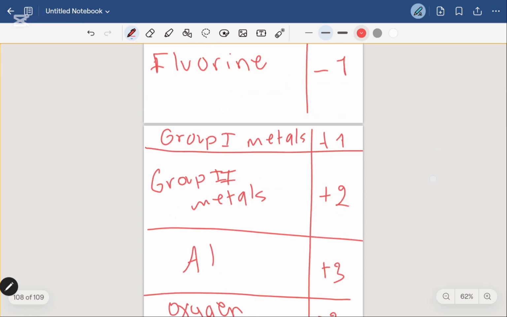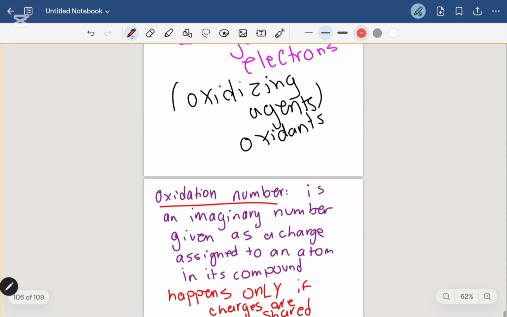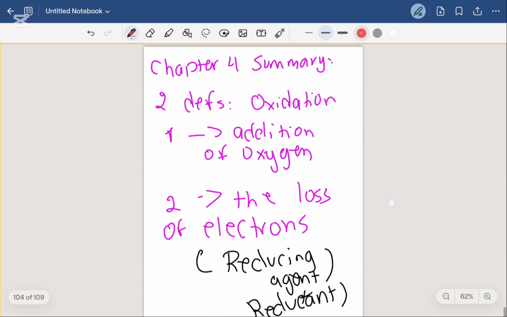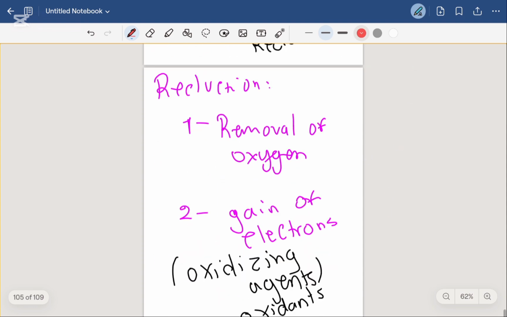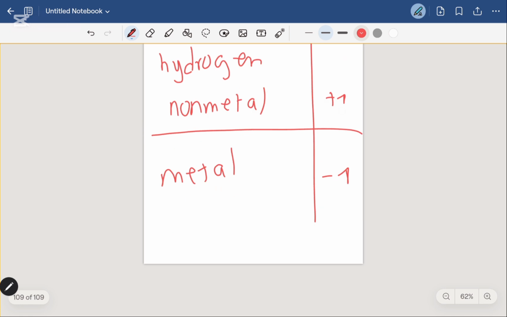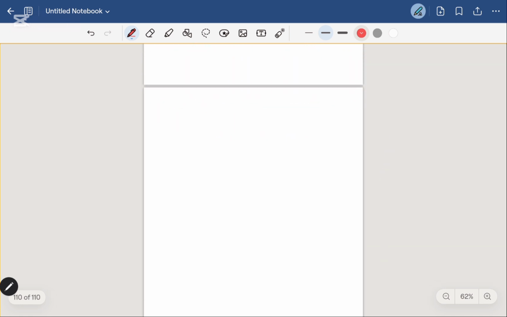But what is a redox reaction? A redox reaction is very simply a reaction in which oxidation and reduction both happen at the same time. Okay, so let us give an example of a redox reaction.